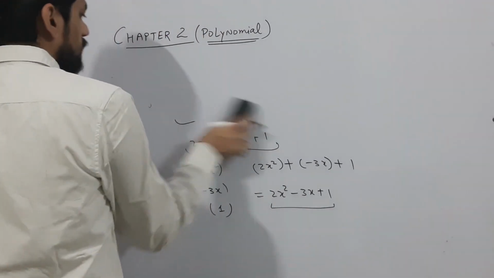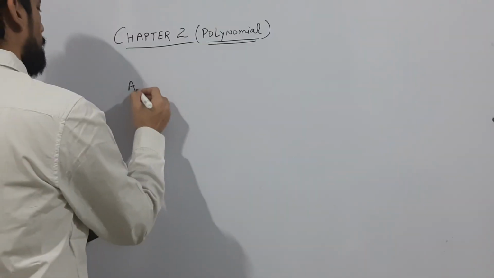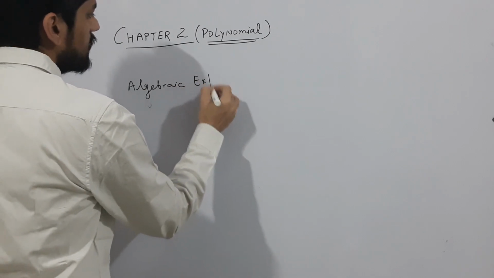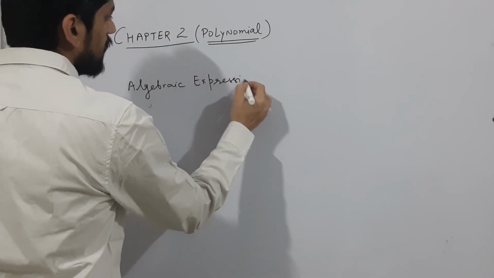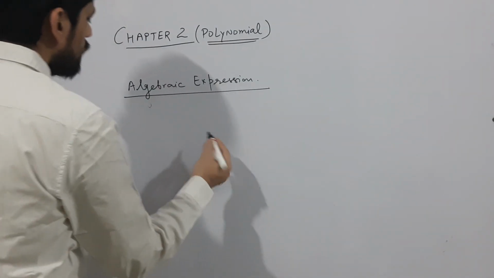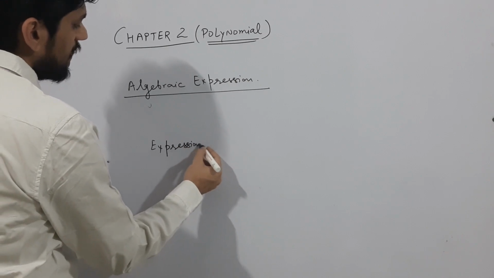Now after terms, let us define algebraic expression. So what is algebraic expression? In mathematics, first of all, let us talk about expression. What do you mean by an expression?